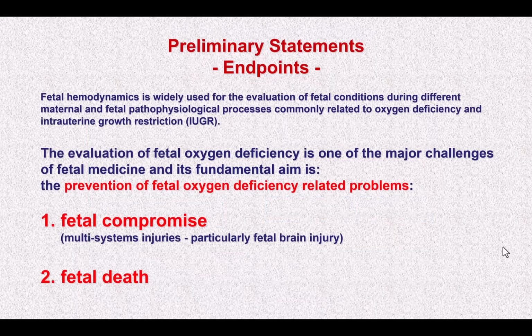We know that the fetal hemodynamics is widely used for the evaluation of fetal condition during different maternal and fetal pathophysiological processes that are commonly related to oxygen deficiency and intrauterine growth restriction.